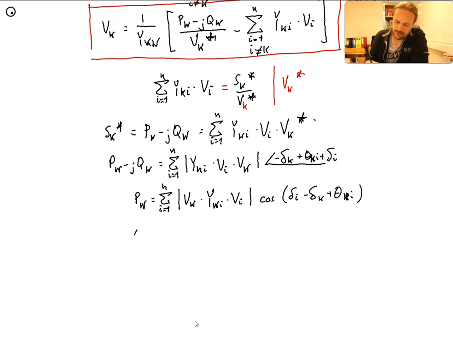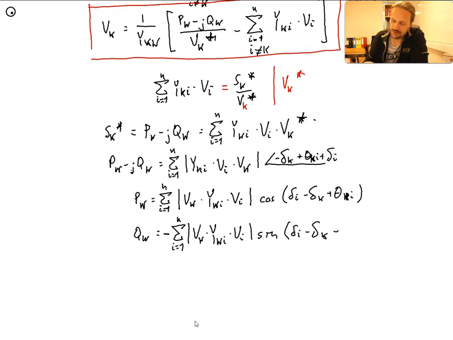Right? And then for the QK, this is going to be minus, so I'll take the minus from here, and then j is going to go with the sine, so just look at this, it's going to go from I equals 1 to n, magnitude of VK times YKI times VI, and then the j that was here went out with a j here, and then we're at sine delta I minus delta K plus theta KI.